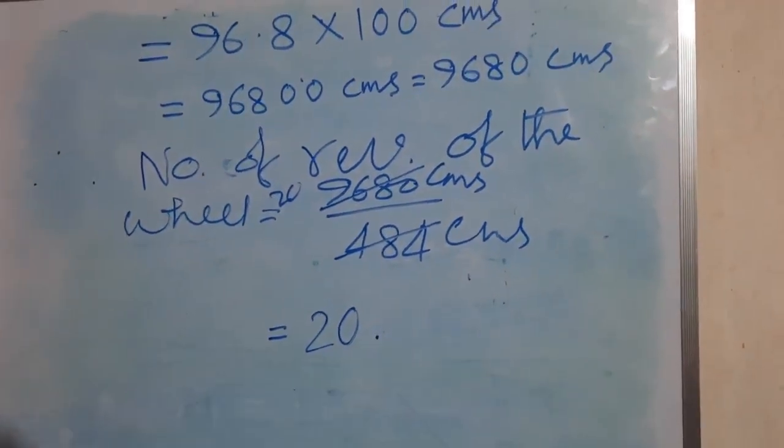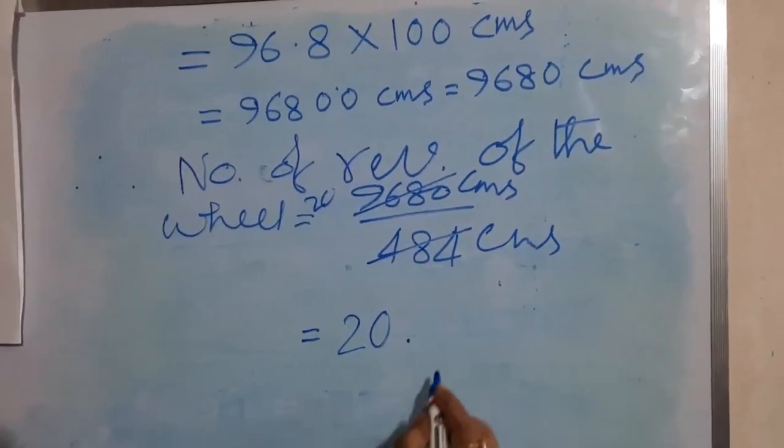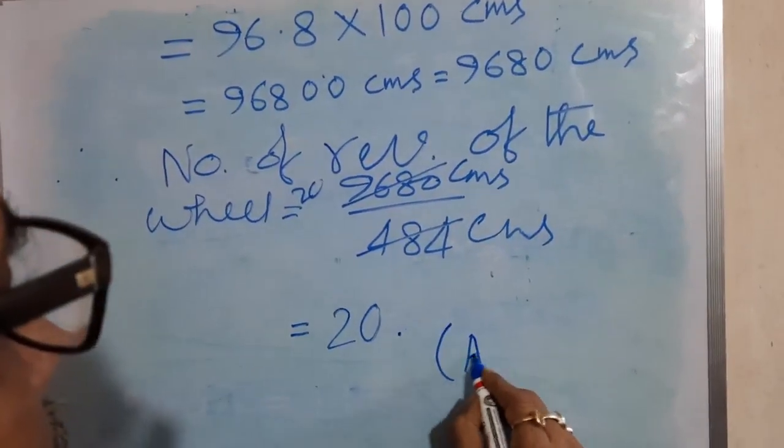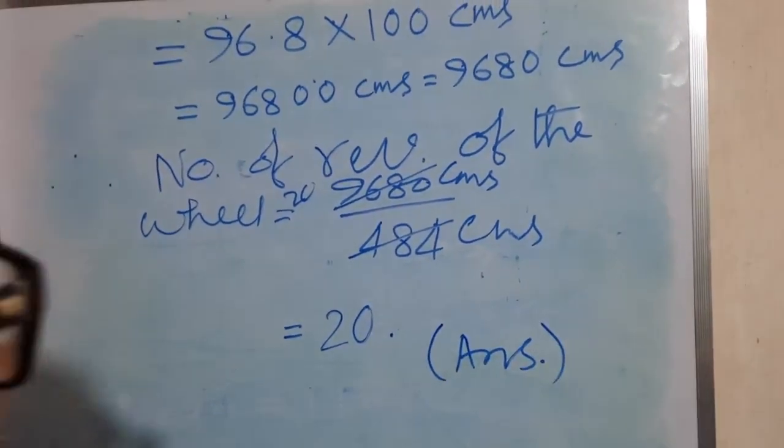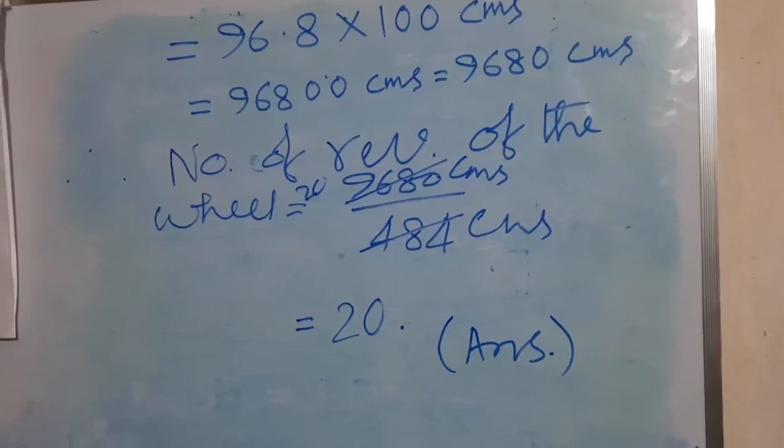So the number of revolutions of the wheel is equal to 20.